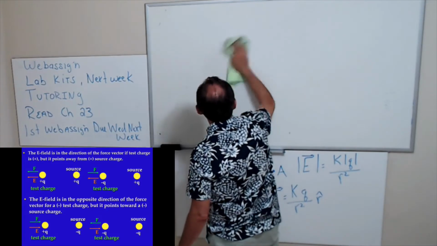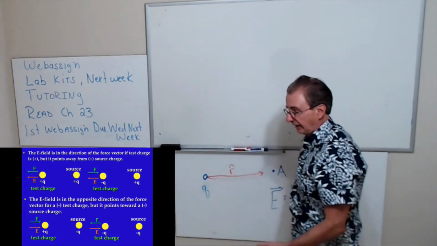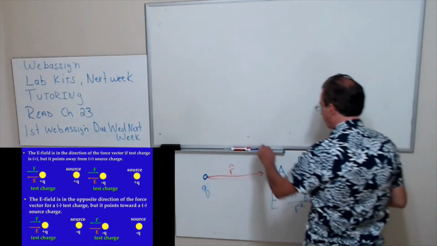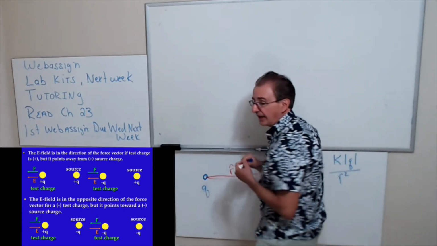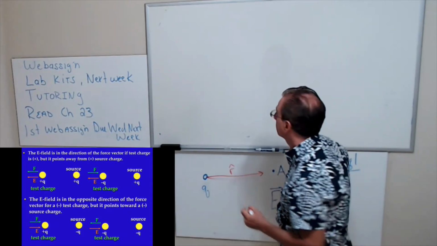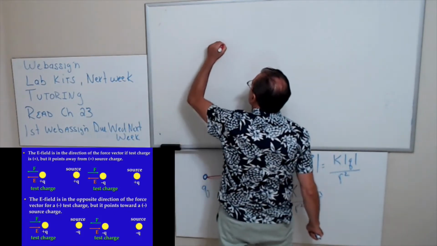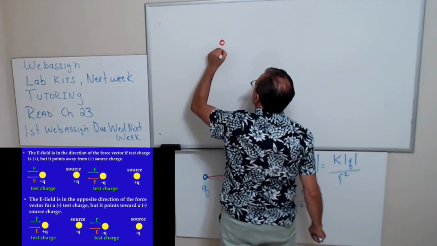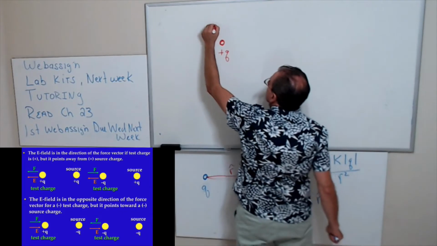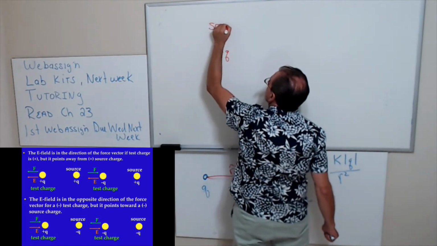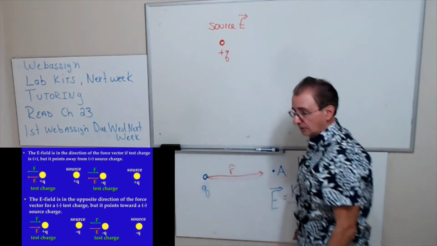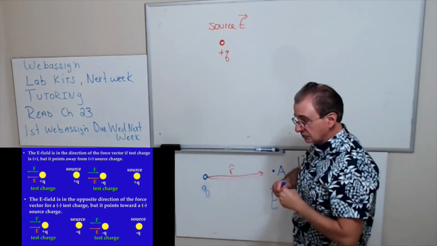And instead of having you memorize something, I kind of like to have you figure out where the idea comes from. So suppose I have a positive charge. Let's say it's positive, and this is the source of the electric field. That positive charge is the source of the electric field.